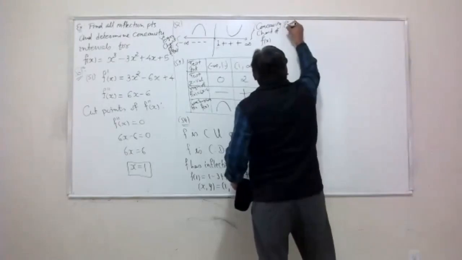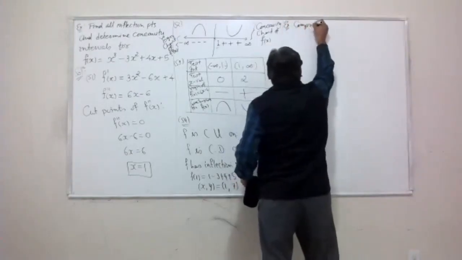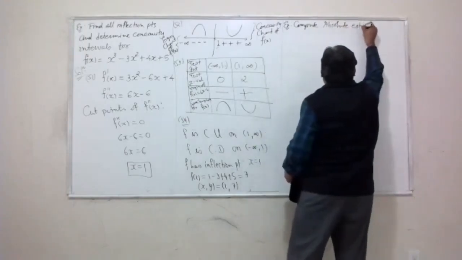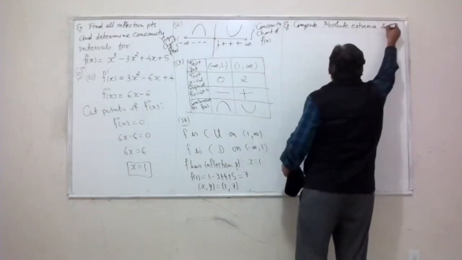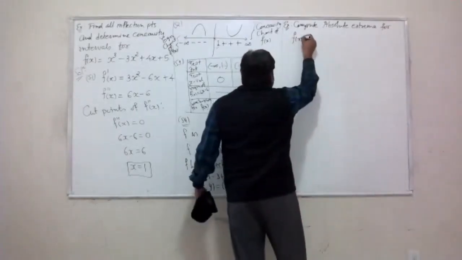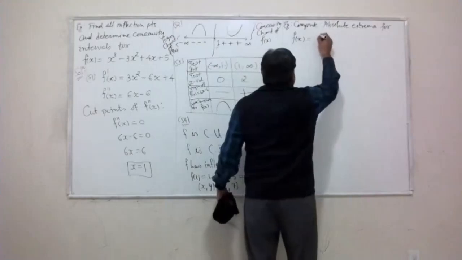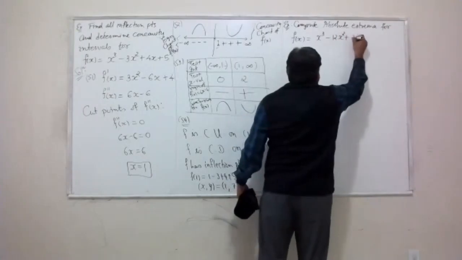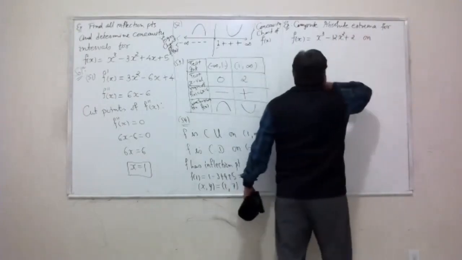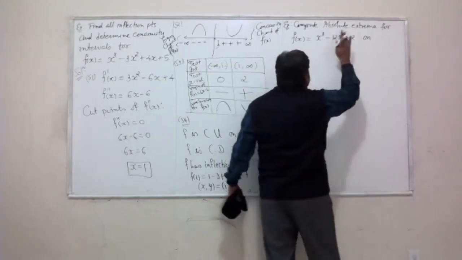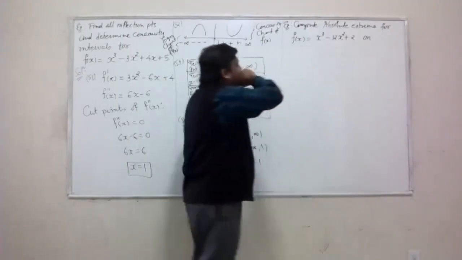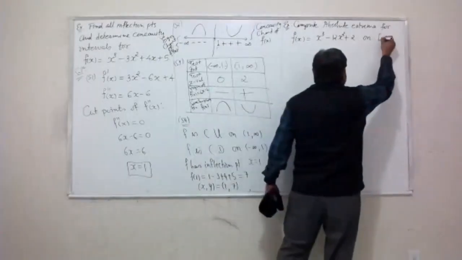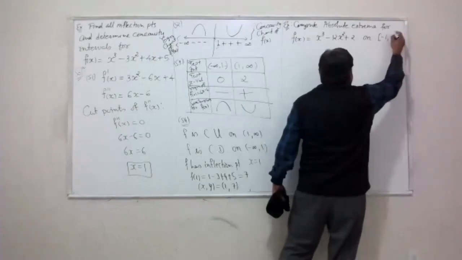Compute absolute extrema, or absolute maxima and minima, for this function f of x equal to, let's say we work with x cubed minus 12x squared plus 2 on the interval, let's say, negative 1 to 3.